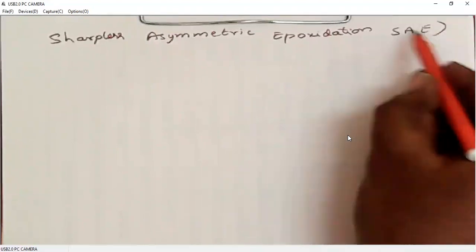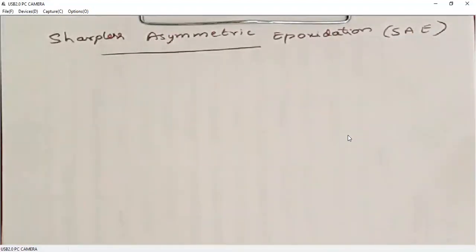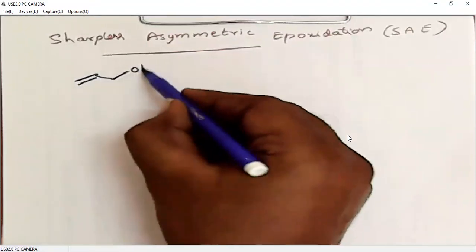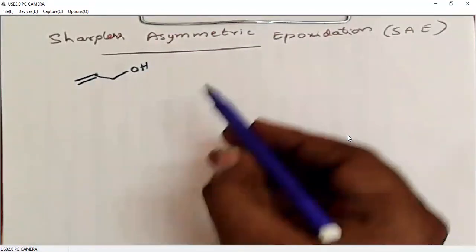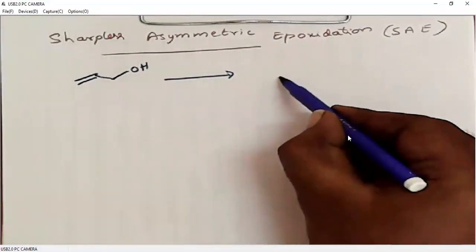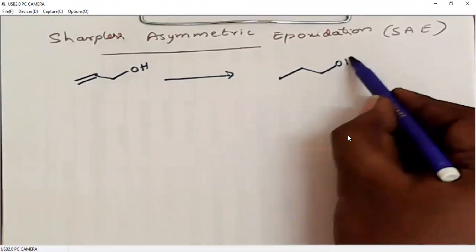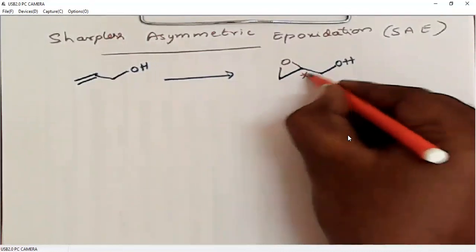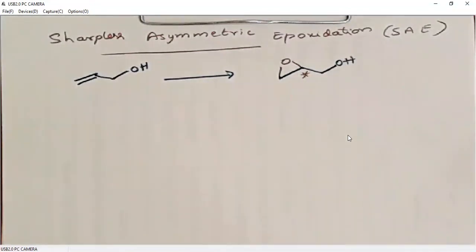It is generally called SAE. Sharpless asymmetric epoxidation is again an important functional group transformation, or we can say epoxidation reaction in organic synthesis. What is Sharpless asymmetric epoxidation? It is the asymmetric epoxidation of allylic alcohols. It means the product will be chiral.